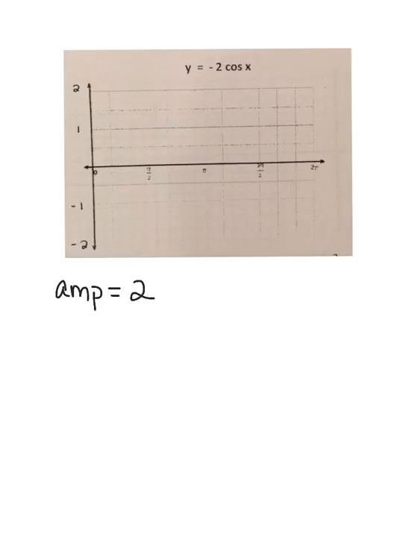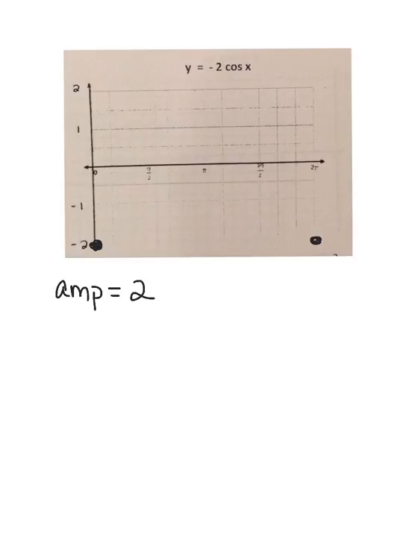Okay? All right. So a cosine normally starts at its max and ends at its max, right? But because that's negative, we're actually going to start at its minimum, at -2. So I'm going to go down to -2, which means if I start at -2, I'm also going to end at -2.